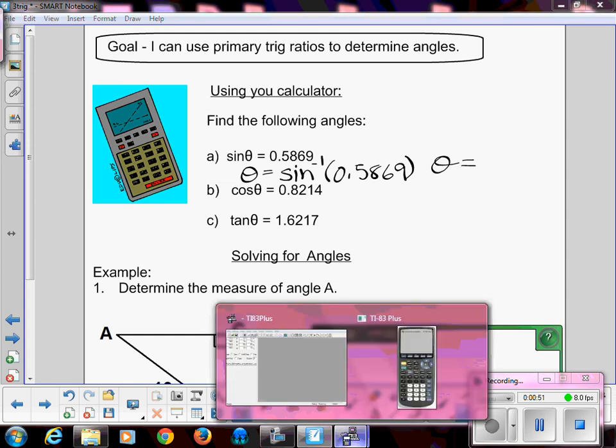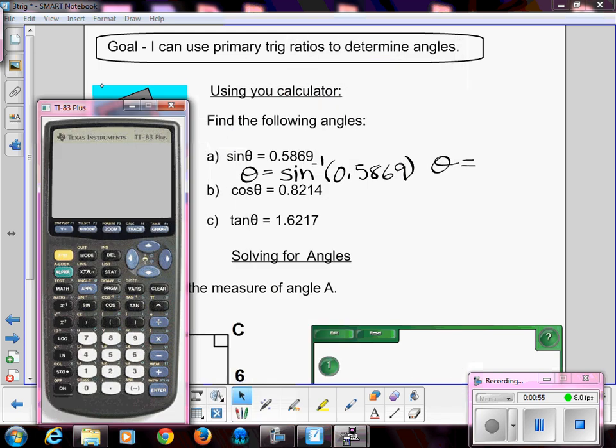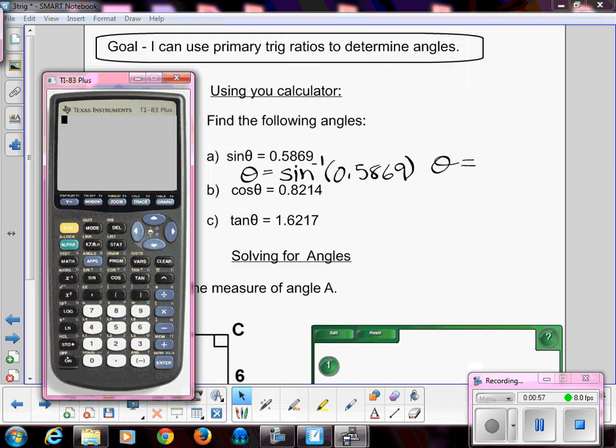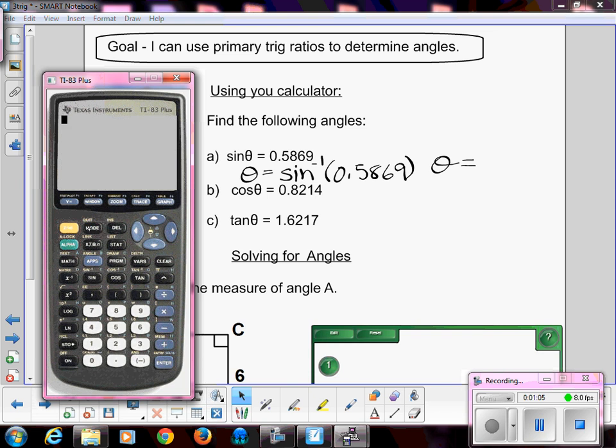So if I bring up the graphing calculator, but again, it's really important that you know how your calculator works. For instance, I know that my calculator, the graphing one, is always in radians.